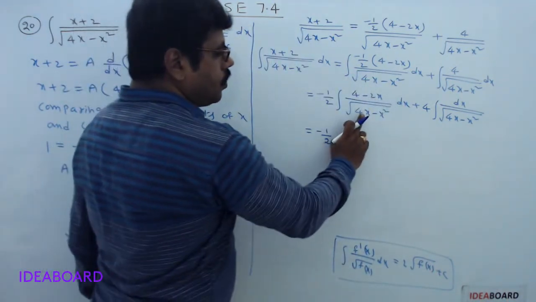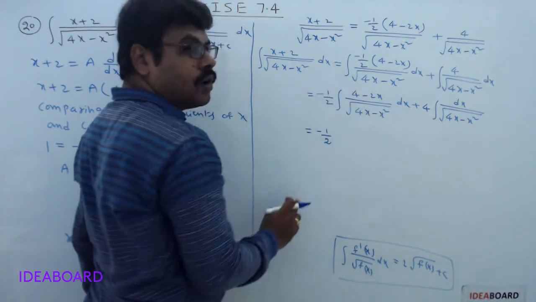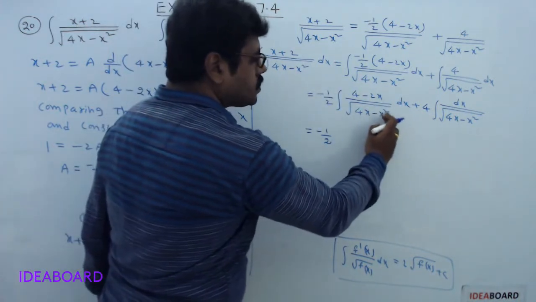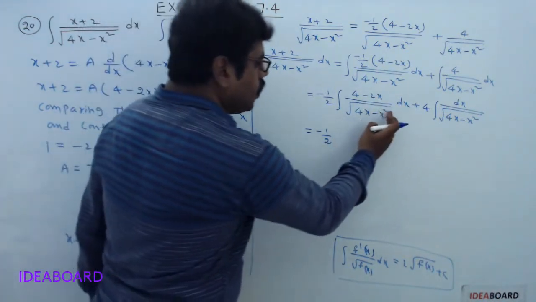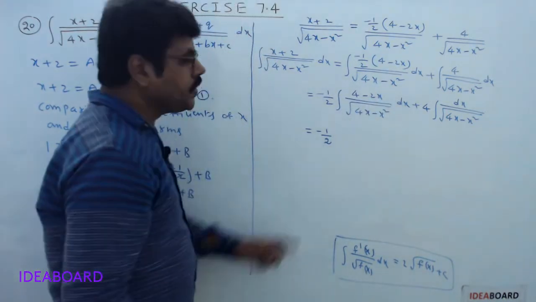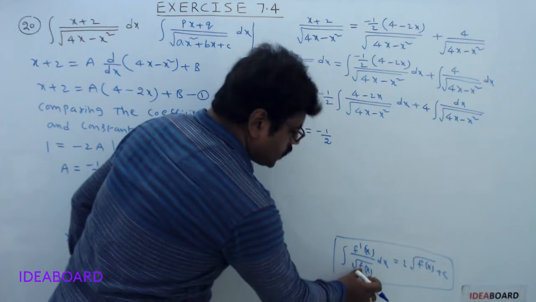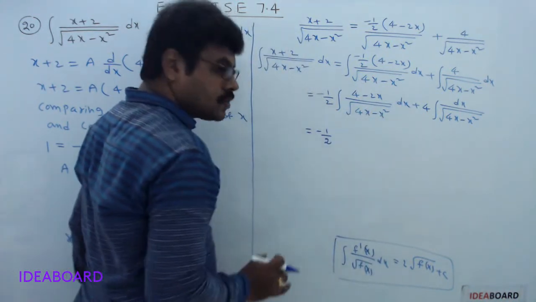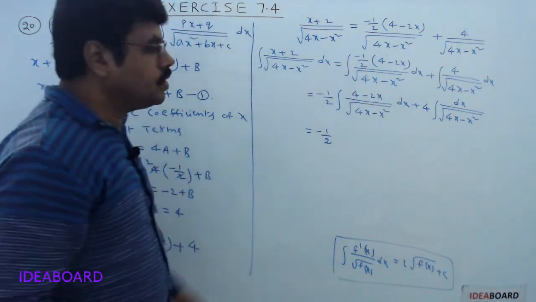Now see here, what is the derivative of 4x? Derivative of 4x is 4. Derivative of minus x square is minus 2x. So derivative of 4x minus x square is 4 minus 2x. If you compare this term with this formula, f of x value is 4x minus x square, f dash of x is 4 minus 2x.